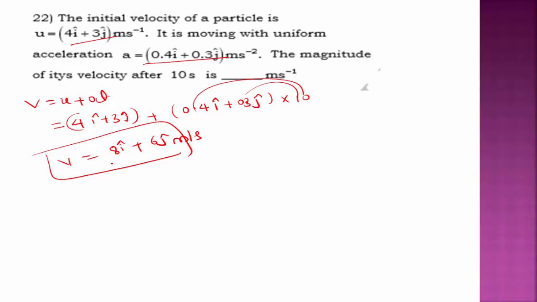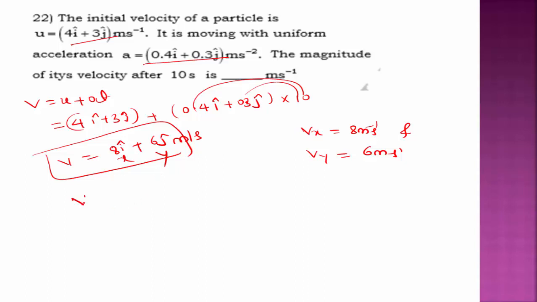Then the x and y components: the velocity along the x-axis is 8 meter per second, and the velocity along the y-axis is 6 meter per second.